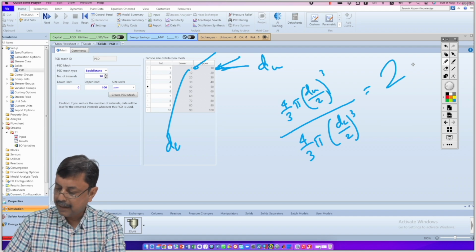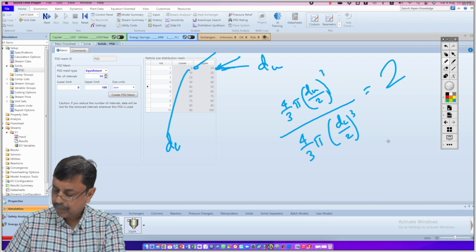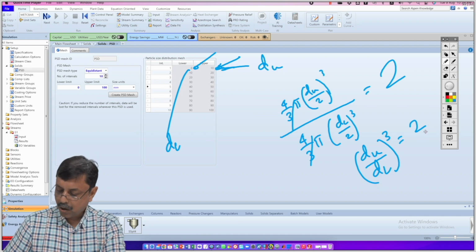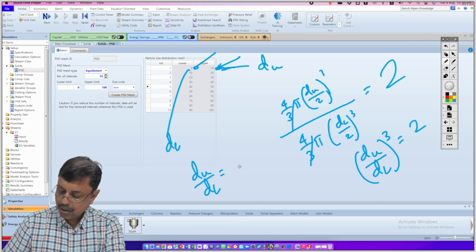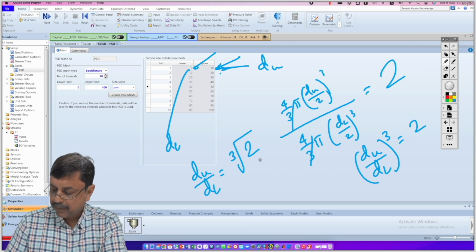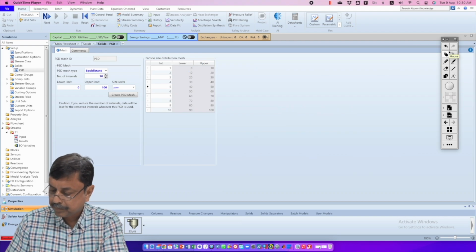So that necessarily means this cancels and other things will cancel. So (du by dl) cube will be 2, or du by dl will be cubic root of 2. Okay, so let us check this.